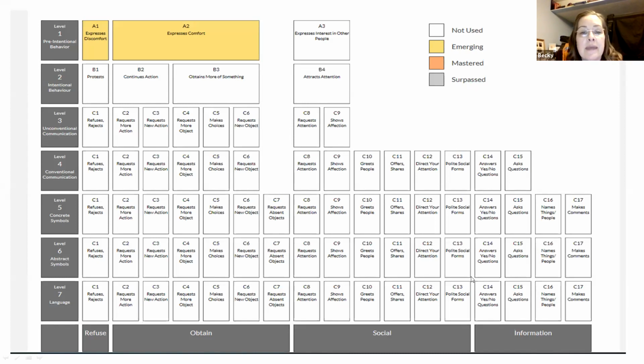And I'm guessing that a lot of us have seen it, and probably some of us have not. And so typically the SLP is the one who fills out the communication matrix, and it's helpful when we work together with the SLPs to do this. But even if the student doesn't have an SLP, or if they haven't done the communication matrix, you can walk through it and get a general idea of where our students are.